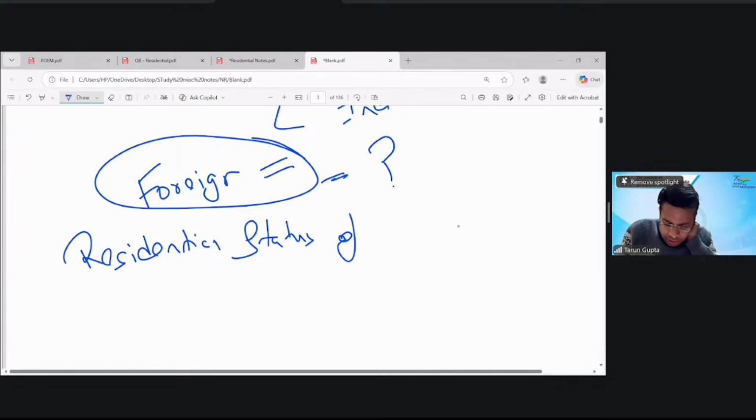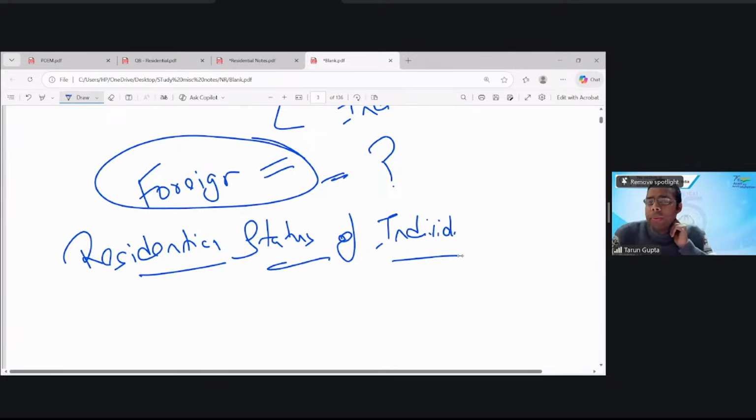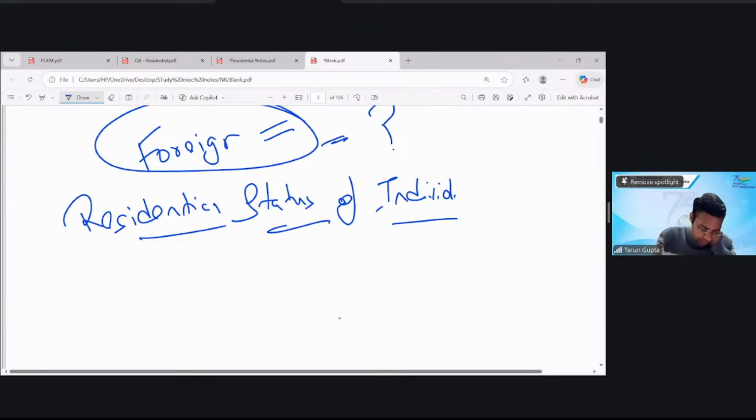You have already studied this in your IPCC. I brush it up. How do we determine the residential status of an individual? You remember there are two types of conditions. One we call the basic condition, the other the additional condition. We will discuss everything.